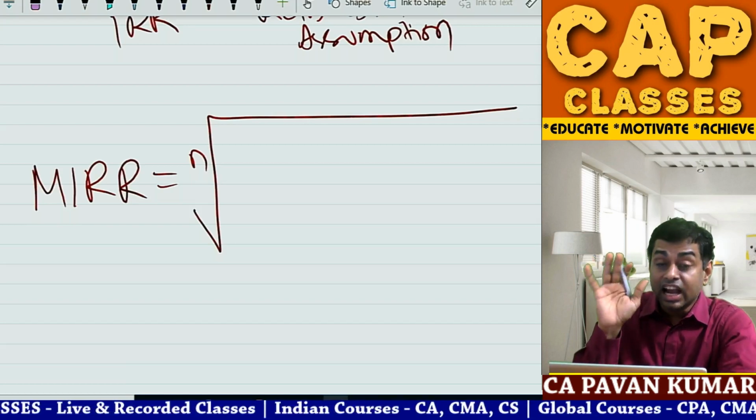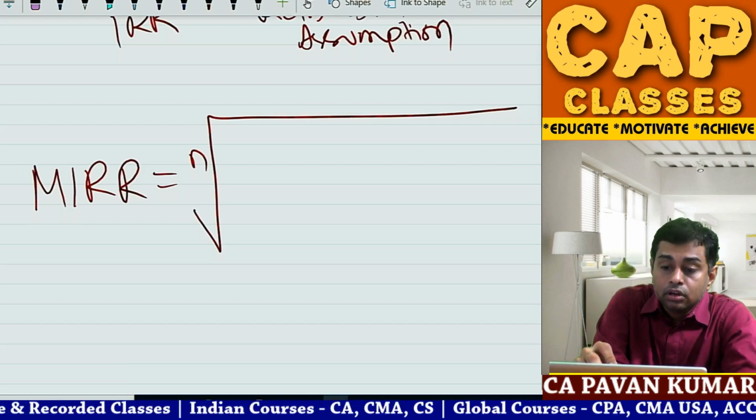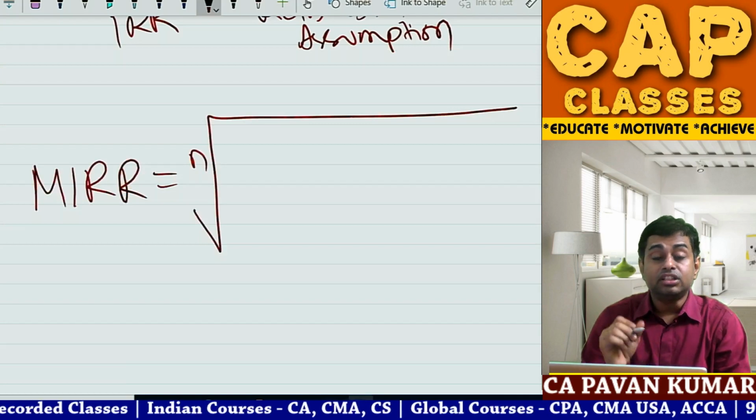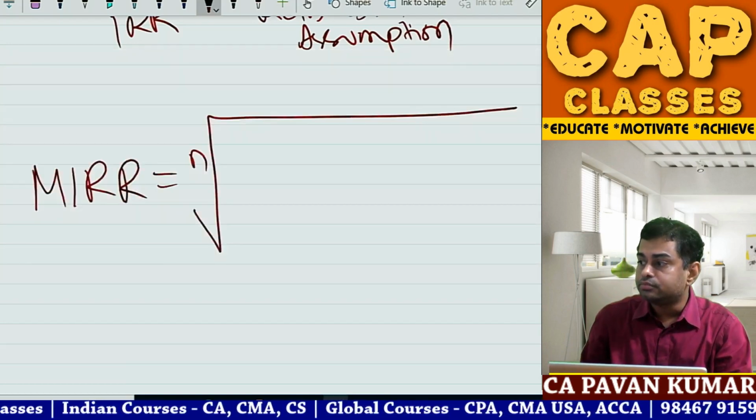I tell you, nth square root of present, see there are two values here, we do one present value, we do one future value, okay?